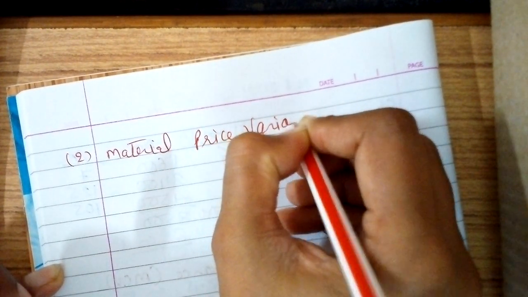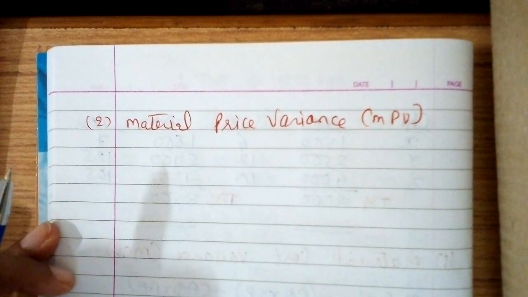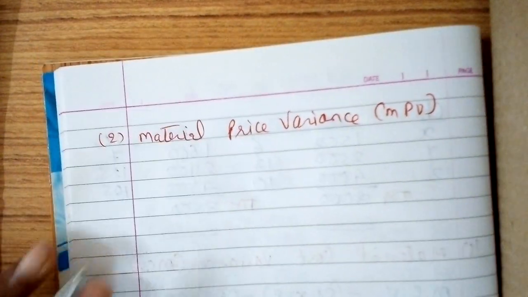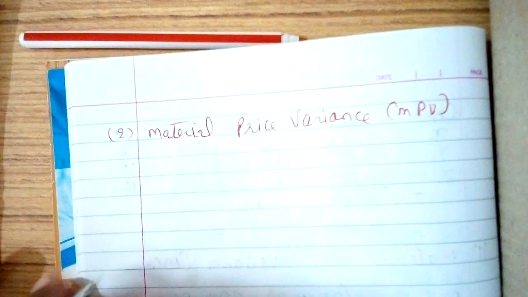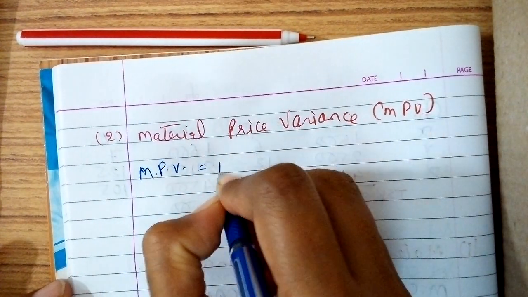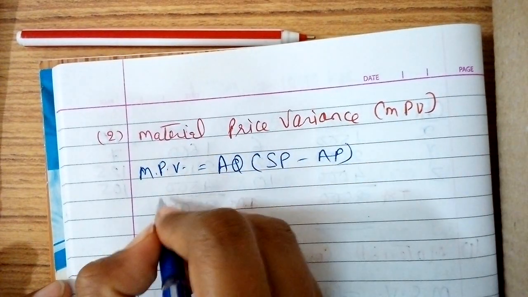price variance, that is MPV. Okay, so for calculation of MPV, formula: MPV equals AQ into SP minus AP.